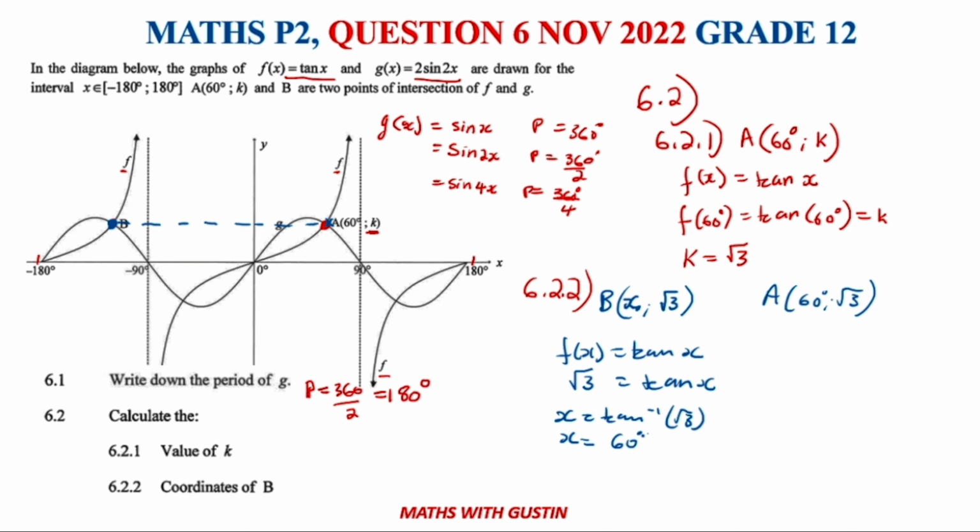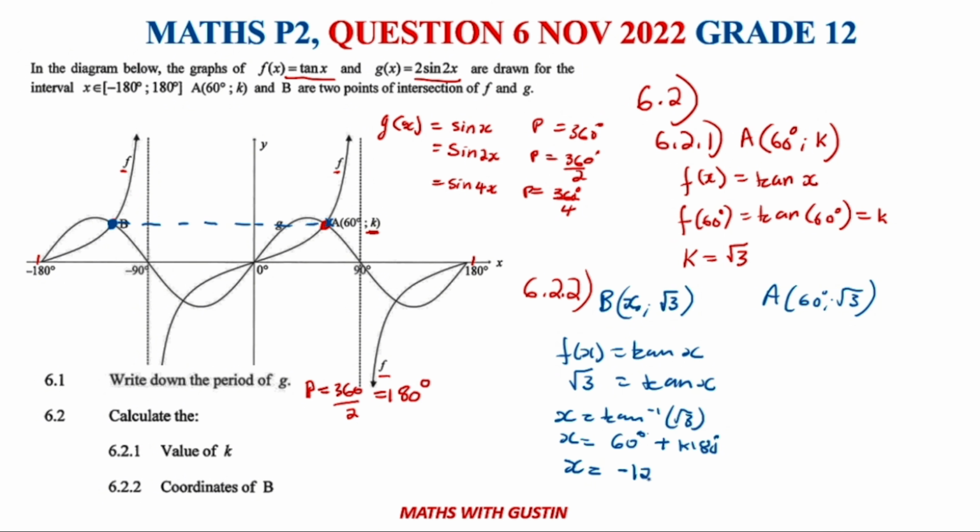So it's going to give us 60 there, and therefore 60 plus k times 180. I'm adding this here because there are other values of x as well. It's not only 60, so we also can go ahead and look for another value there, which is k.